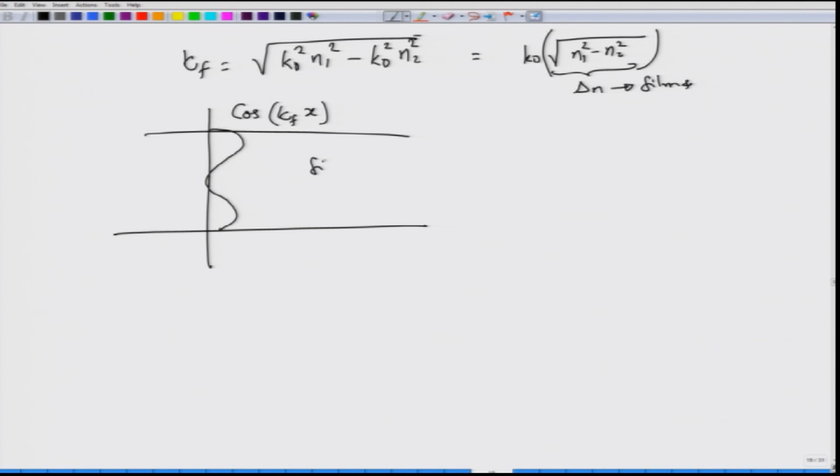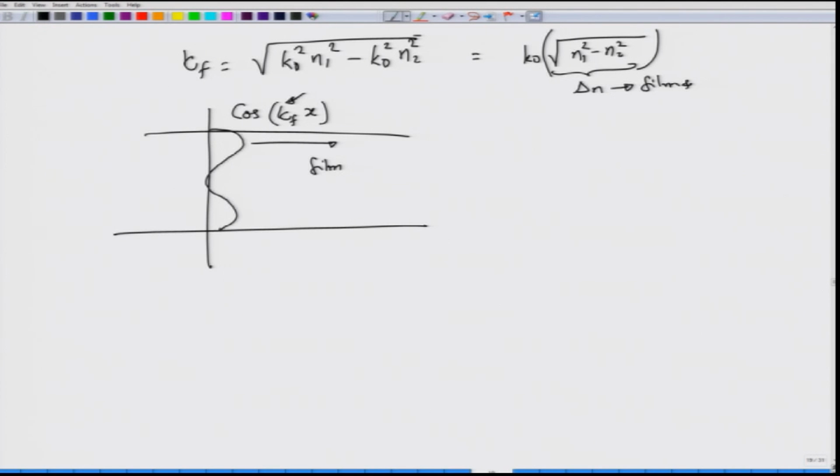So, this is the film region, and this is the pattern that you would see transverse to the direction of propagation, and it is this pattern which would propagate along the z direction. That is why kappa f is important. A real value of kappa f means that this pattern would also be real, and it would be this pattern which would propagate further.